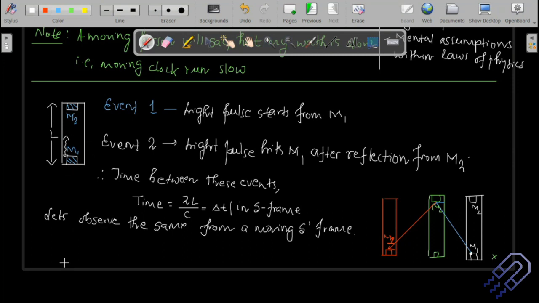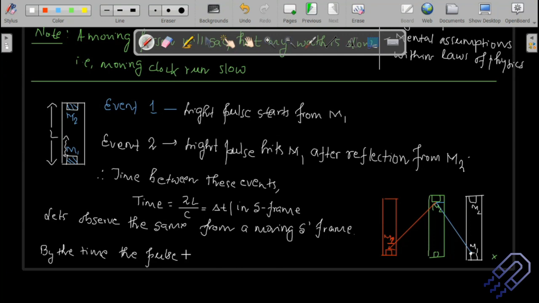I'm writing this down, but I hope you understand the point. If you can write it in your own words, it's fine.